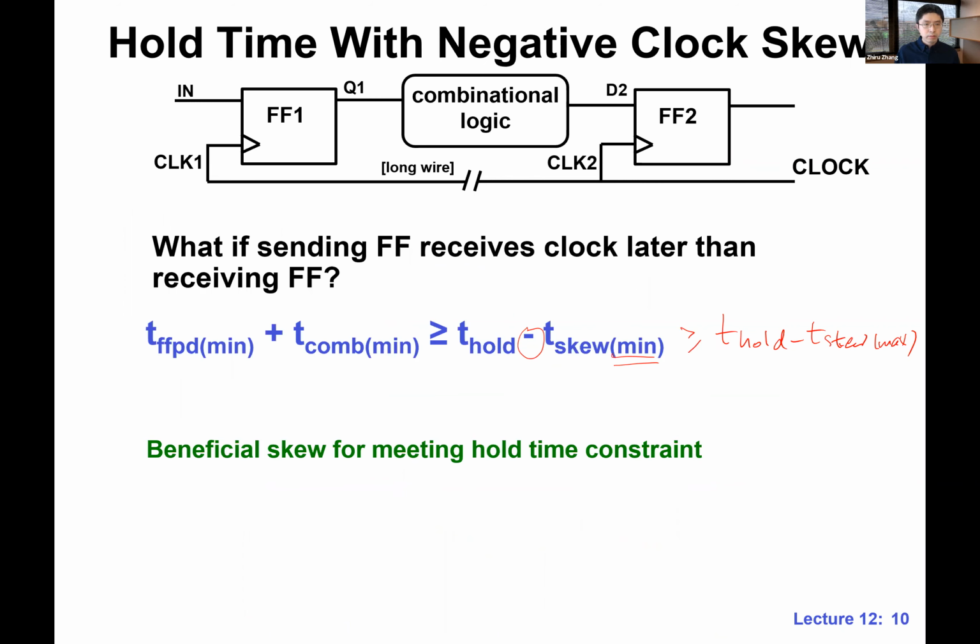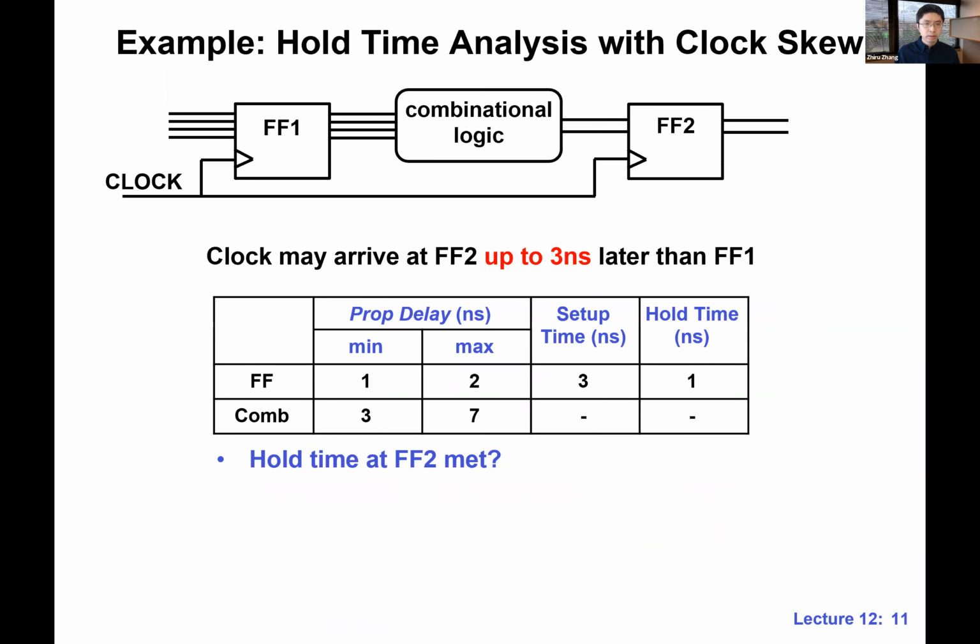All right. If it's still not clear, let's do a quick exercise. So here we are analyzing the hold time with the clock skew. First, can you tell me, is this a negative skew or positive skew? The clock may arrive at FF2 up to 3 nanoseconds later than FF1.